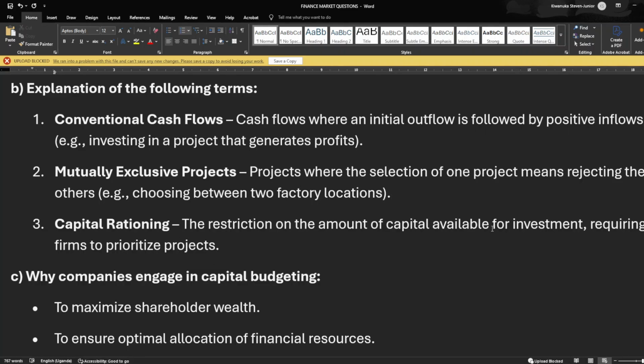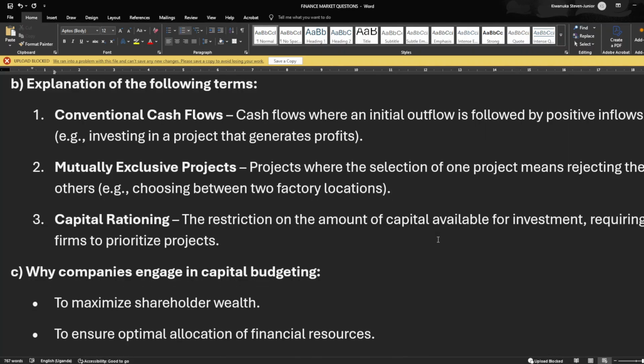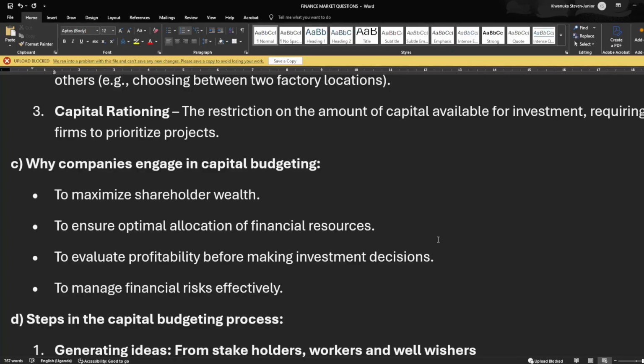Then why do companies engage in capital budgeting? They are always trying to maximize shareholders' wealth, to ensure optimal allocation of financial resources, to evaluate profitability before making investment decisions, and to manage financial risks effectively.